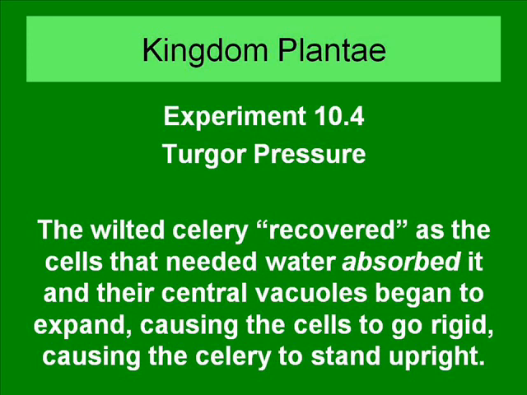But then when you put it back in the water, the wilted celery recovered as the cells absorbed the water, and their central vacuoles filled up and began to expand, and that caused the cells to go rigid, and that caused the celery to stand upright again. So that was a good example of turgor pressure and learning the difference between something wilting versus dying.